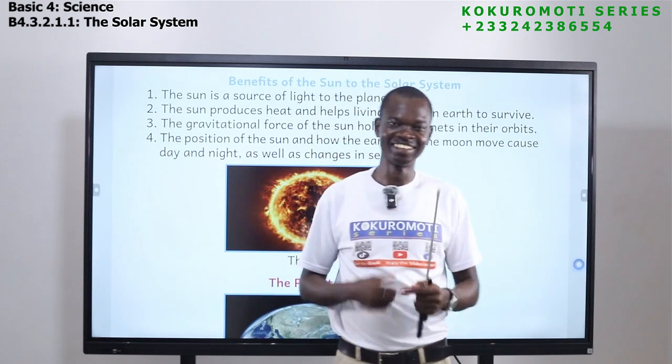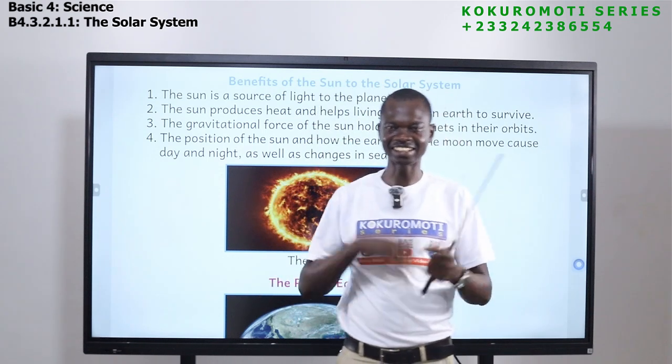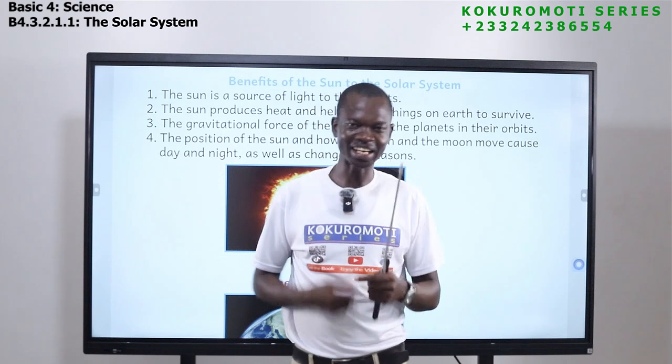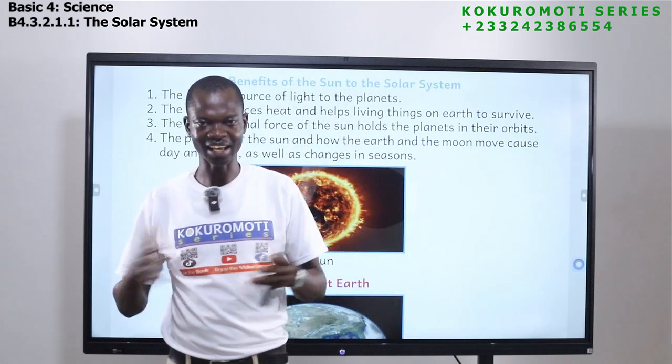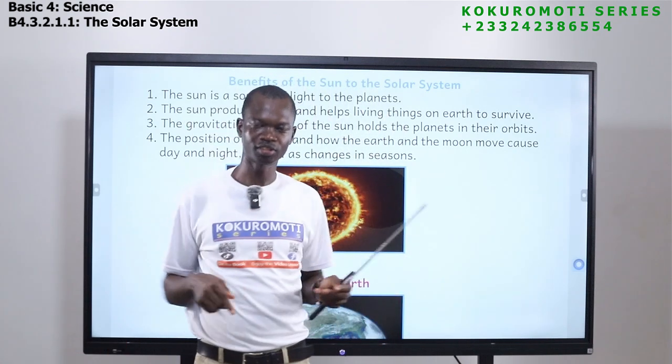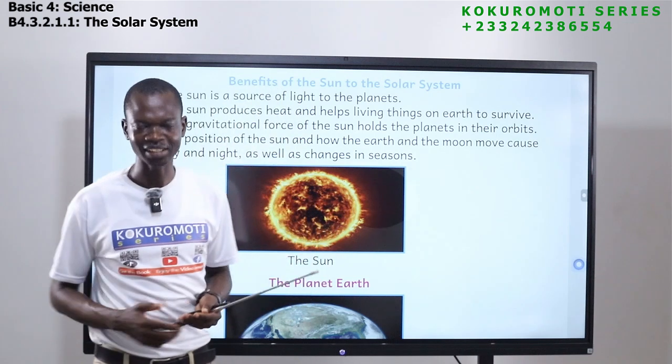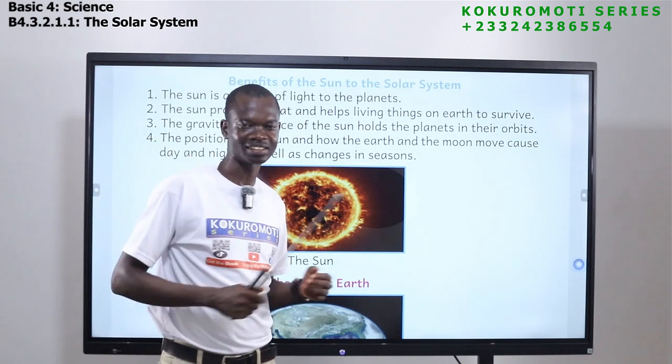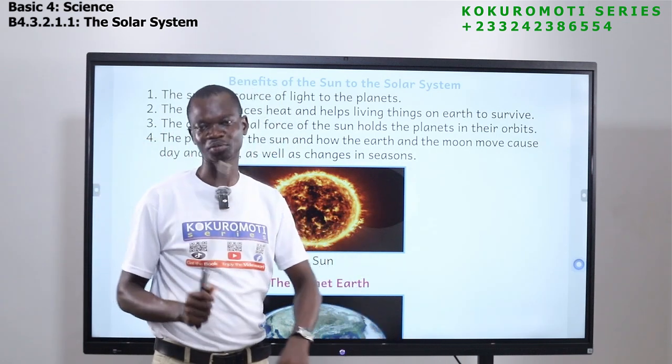The turning or the rotation of the earth brings about day and night. And then the revolution of the earth also brings about what we call changes in season. You will get to understand them, don't worry.